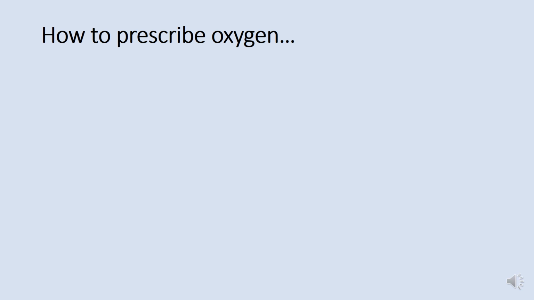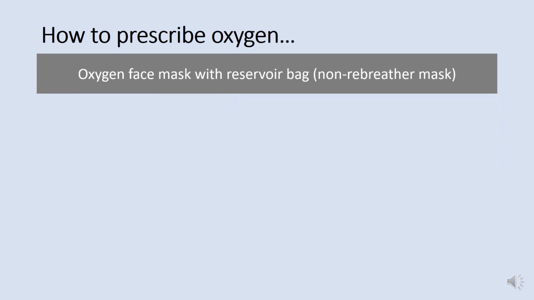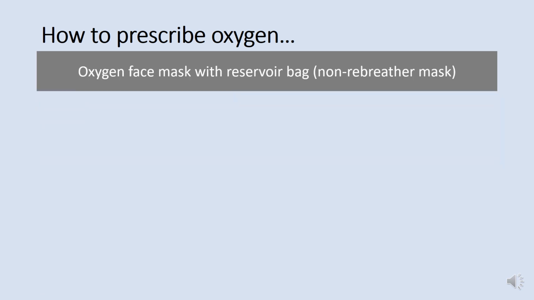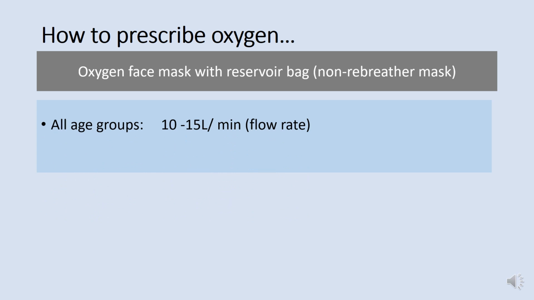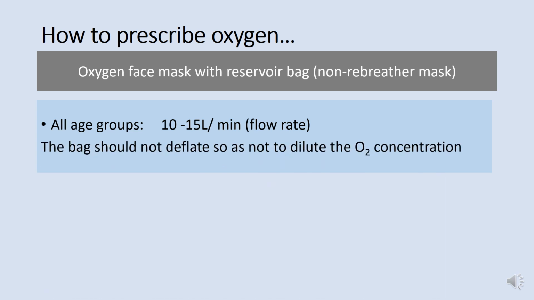Still talking about prescription of oxygen. When you're using a face mask with a reservoir bag or the non-rebreather bag, the flow rate is usually 10 to 15 liters per minute, irrespective of the age of the child. The bag should usually be fully inflated. It should not be collapsed or deflated.